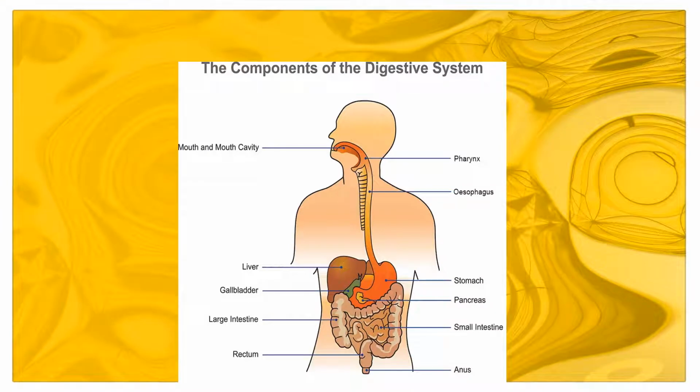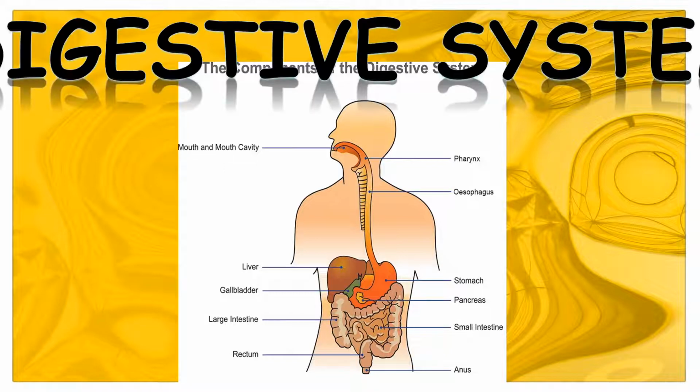Here we can see the various components of digestive system: mouth and mouth cavity, esophagus, stomach, pancreas, liver, gallbladder, large intestine, small intestine, rectum, anus.